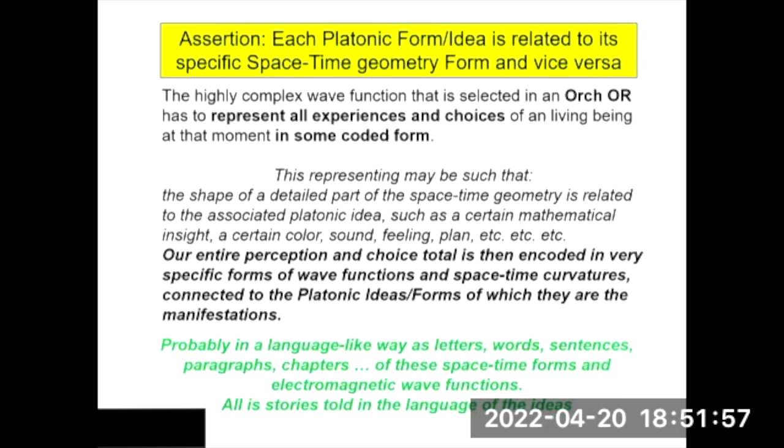And so my idea is that these Platonic ideas are kind of letters, words. They are the primitives from which the whole experiential and also the choice perspective is built. It's of course enormously complicated, as we know from our experiences.